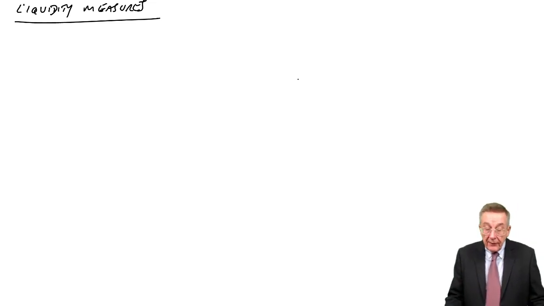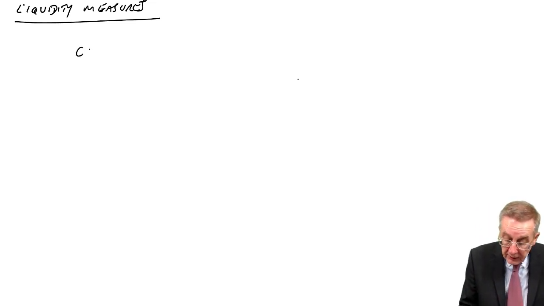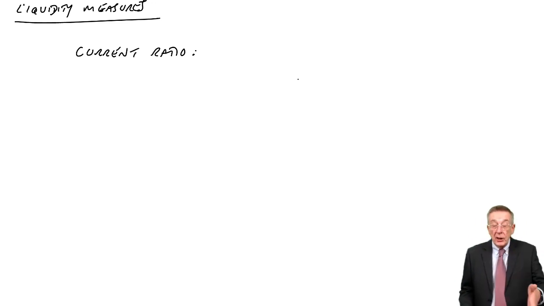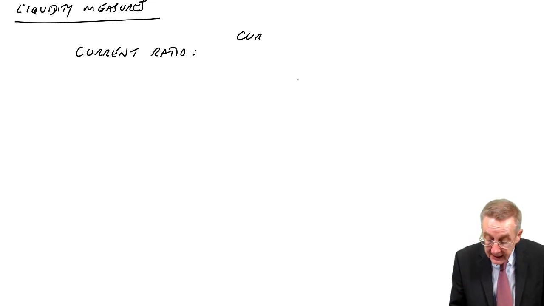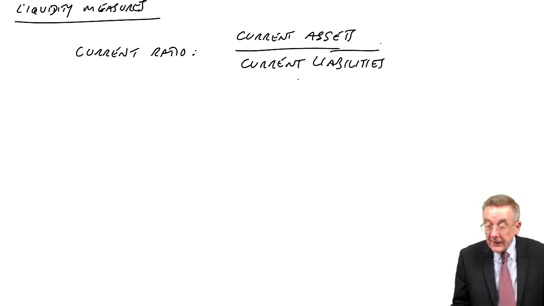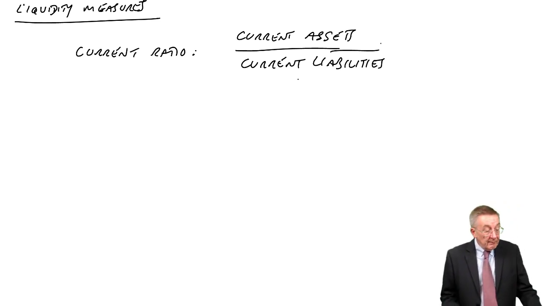And the liquidity measures, the first one of the most important of all, is what we call the current ratio. Again, it's written in the notes, but it's the current assets divided by the current liabilities. This isn't as a percent, it's as a number.